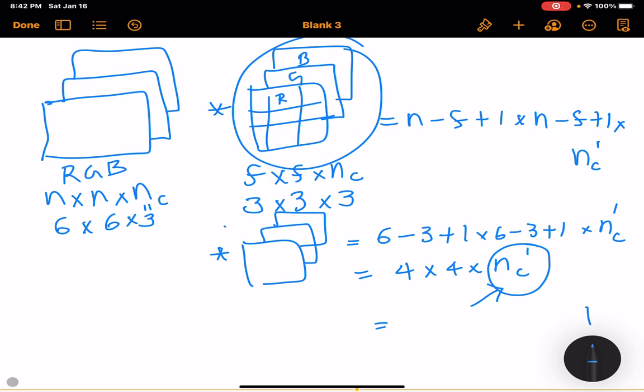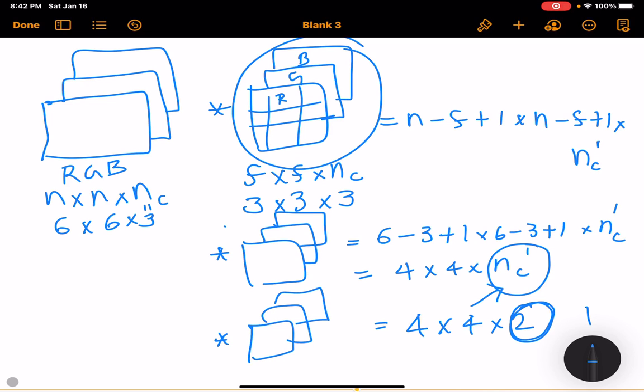In that case, my output would be 4 cross 4 cross 2. So just understand that this 2, or this channel, has nothing to do with the RGB channel, but it has to do with the number of filters, and it is equal to the number of filters that we use. Now suppose I decide to have one more filter, then this NC bar will be equal to 3. So I have 4 cross 4 cross 3 as my output image.